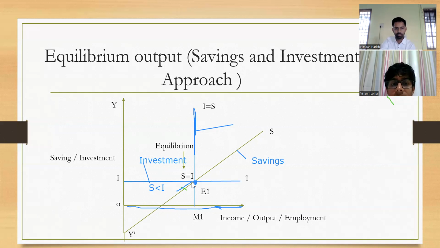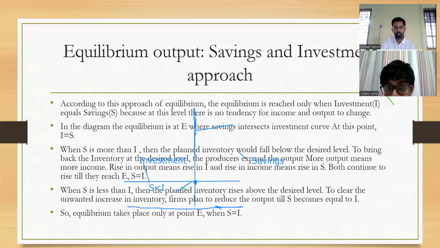It says when S is more than I, the planned inventory would fall below the desired level. We are not able to depict it on the graph.